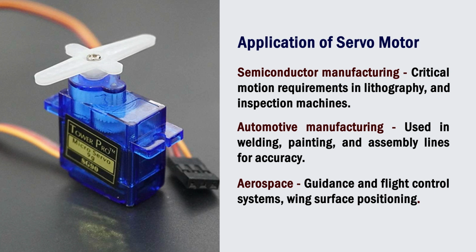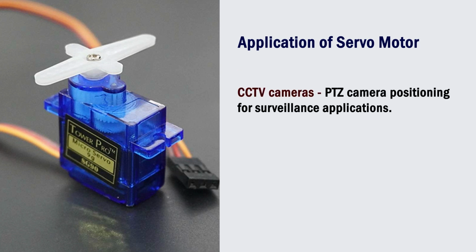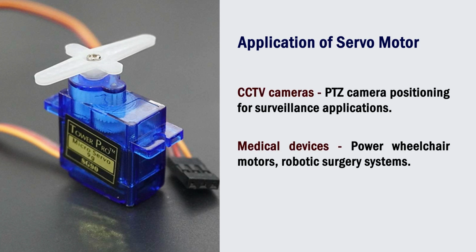It helps in guidance and flight control systems, wing surface positioning. Next application is with the CCTV cameras. It helps in camera positioning for surveillance applications. And at last, its application is with medical devices, that is power wheelchair motors, robotic surgery systems, etc.